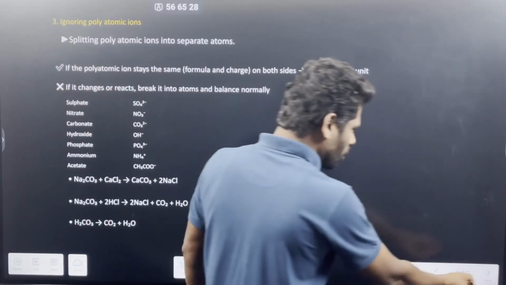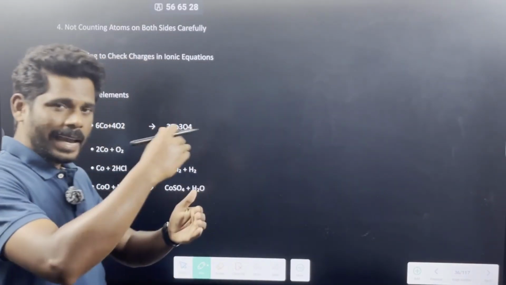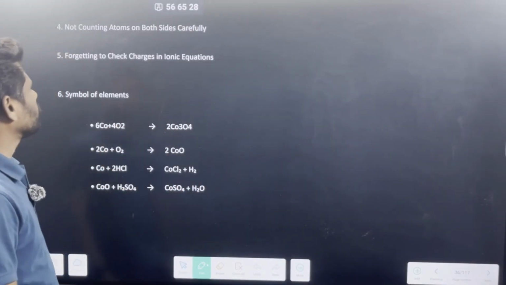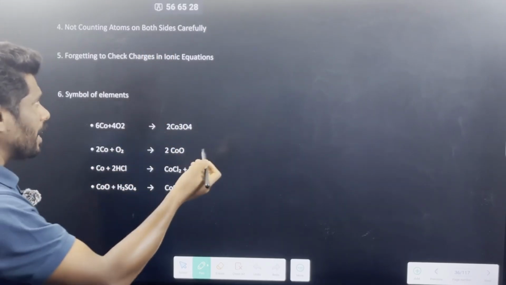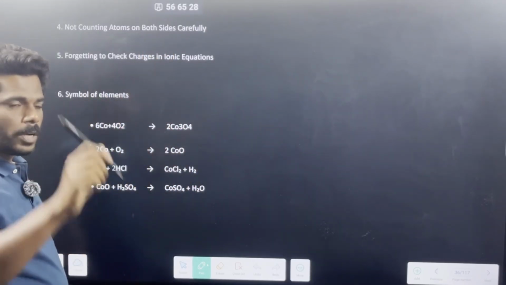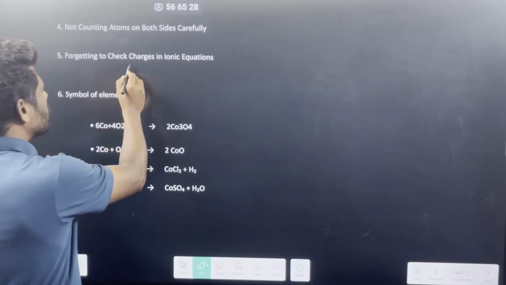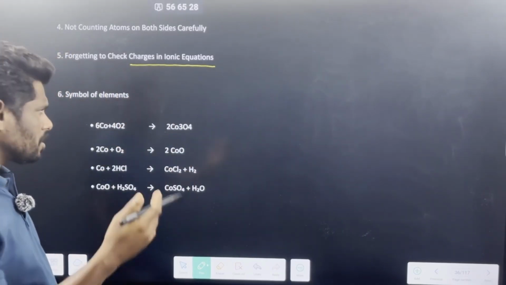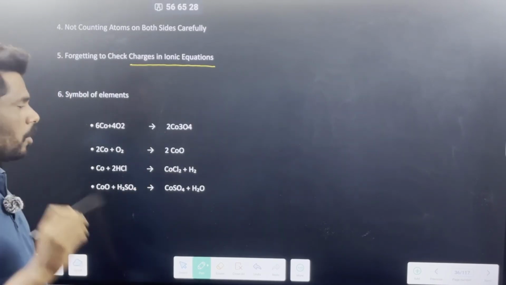If you find polyatomic ions which are the same on either side of the reaction, just treat them as a single unit and balance it. Definitely, when you are going with the trial and error method, don't be in a hurry. As I told you, count all atoms equally. And charges in ionic equations, mostly you are not getting these ionic equations, but if you get ionic equations, considering the charge is also very important.